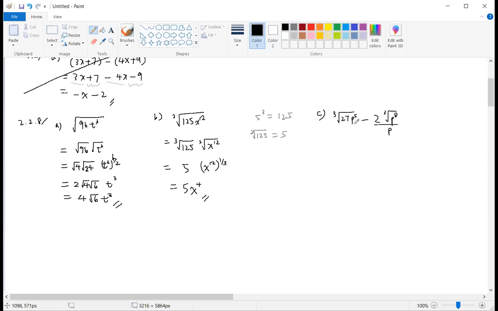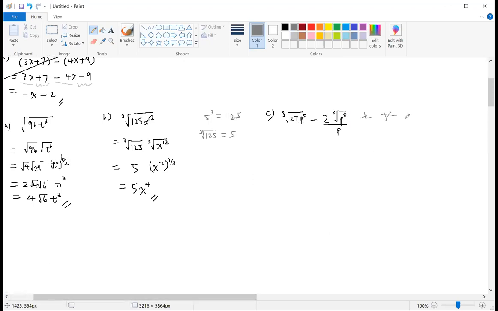They are certainly not like terms, so we are adding and subtracting. Remember, adding and subtracting is to collect like terms, or collect like radicals.